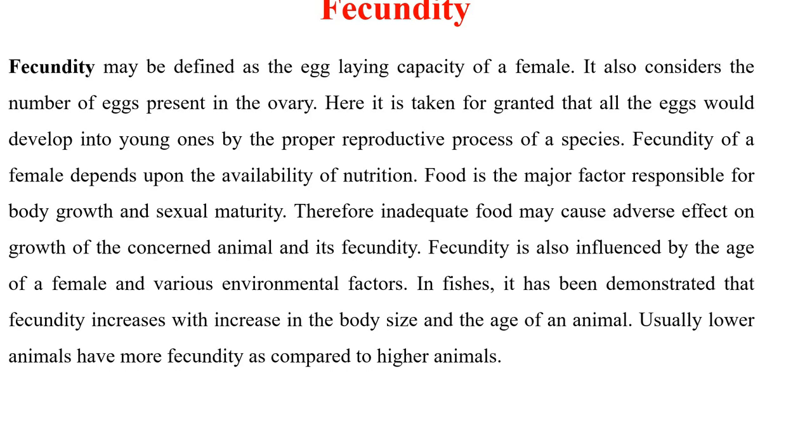Usually lower animals have more fecundity as compared to higher animals because their survival rate is low compared with the higher animals, and therefore nature has gifted them to produce a large number of eggs.